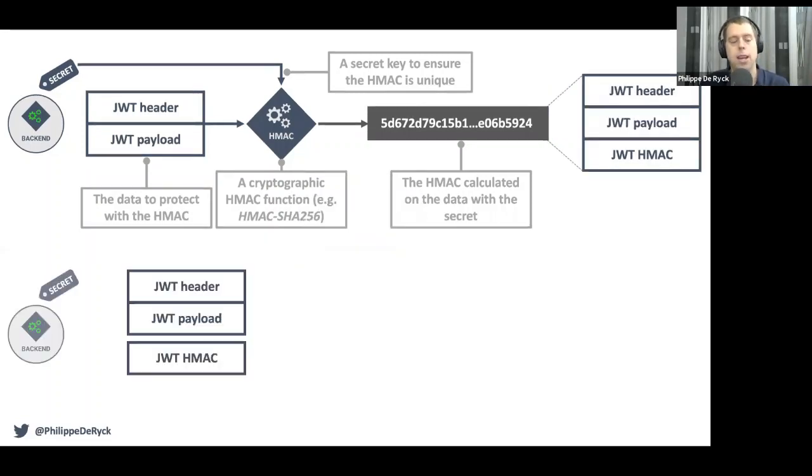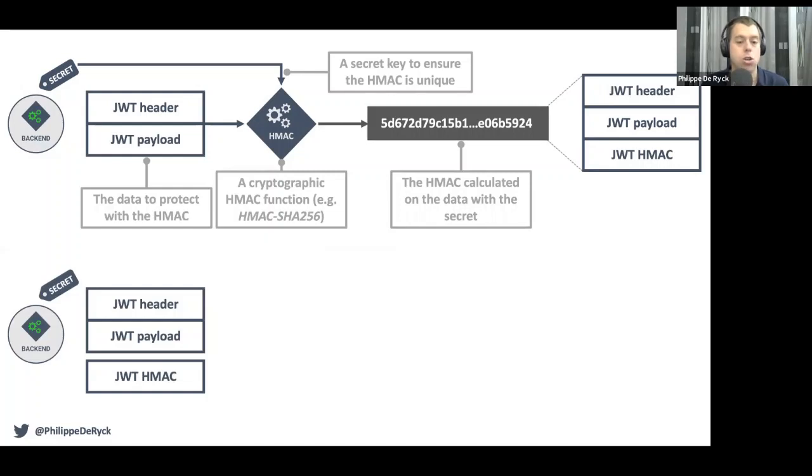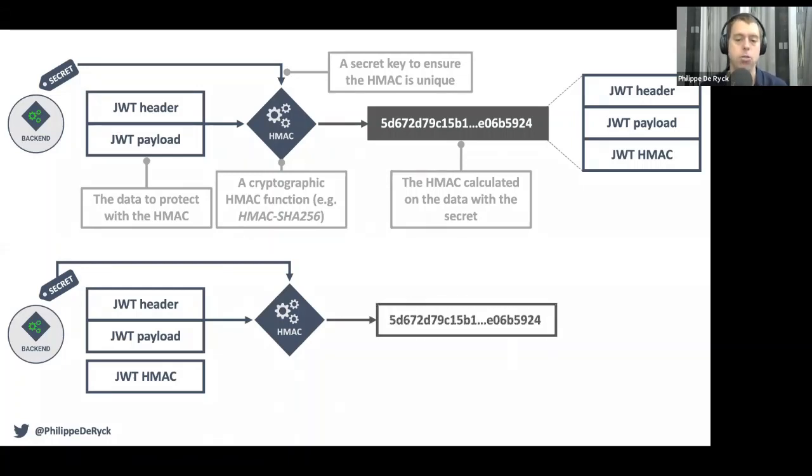So at some point, we get it back from the client, and we want to ensure that the data that we have sent to the client hasn't been modified by a malicious user. That's essentially the goal of adding that HMAC here. So whenever we receive a JWT, we're going to recalculate that HMAC by giving the header, the payload, and the secret as input, and out comes a new HMAC.